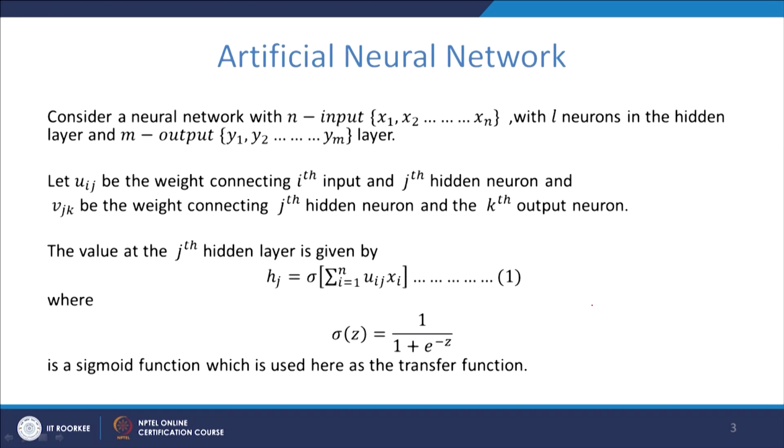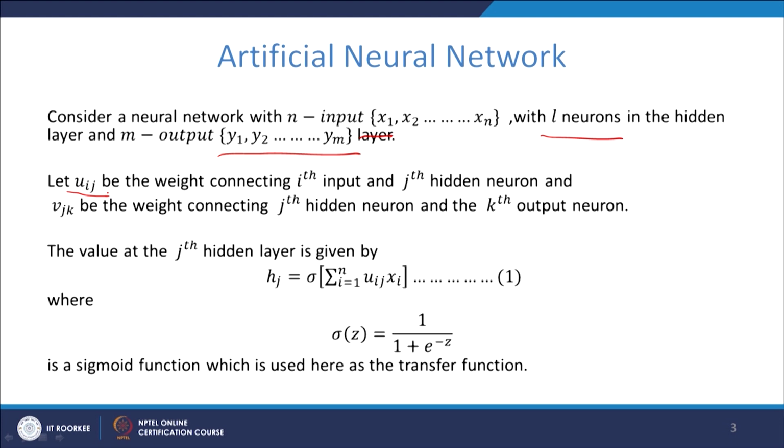So, in general let us consider x1, x2, ..., xn as n inputs, and there are L hidden neurons and y1, y2, ..., ym are m outputs. The input and the hidden layer are connected by the weights given by uij.